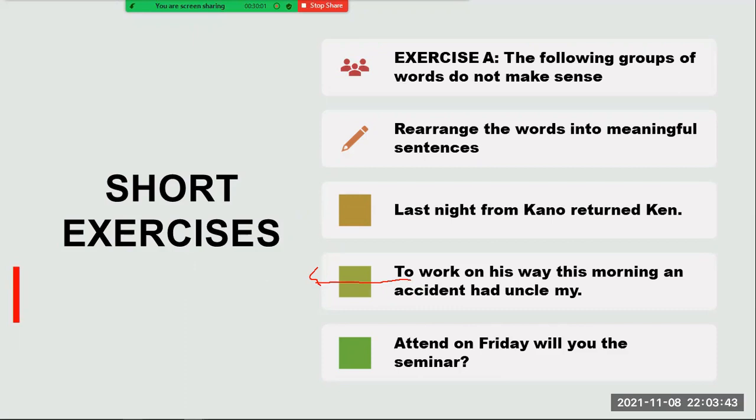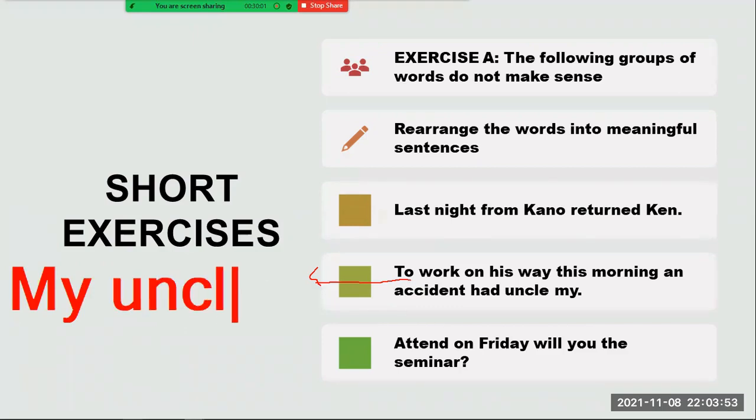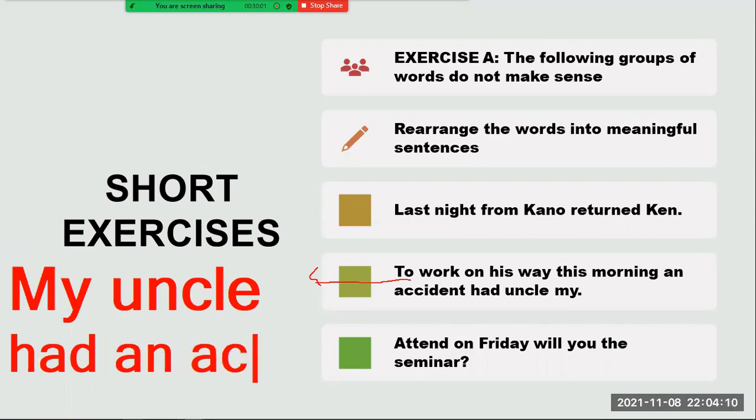Now, we have to begin with the subjects. And my subject here is my uncle, okay? Followed by the verb, and the verb here is had. An accident.